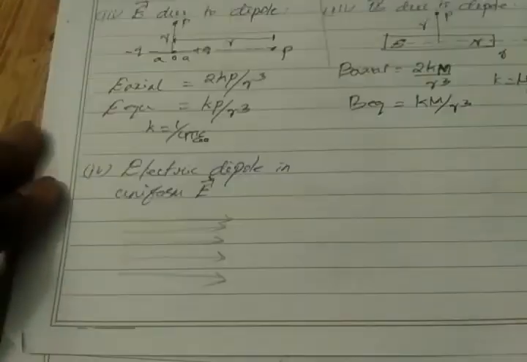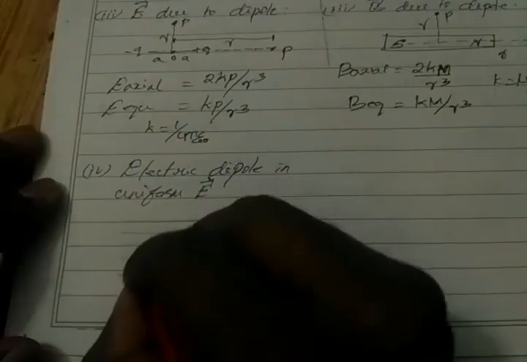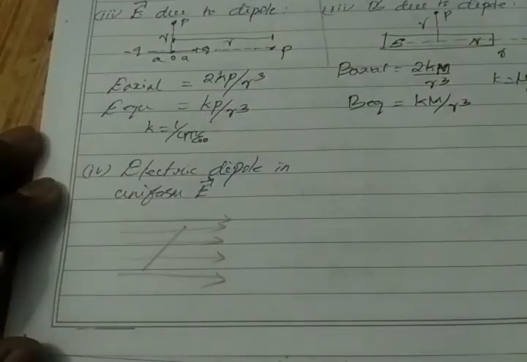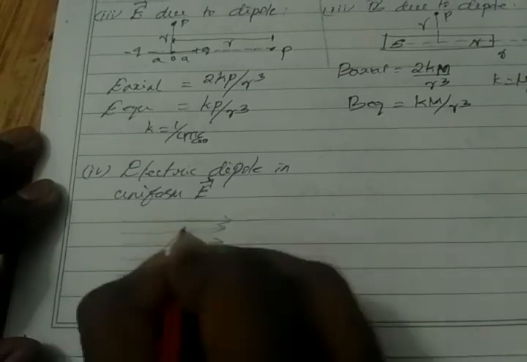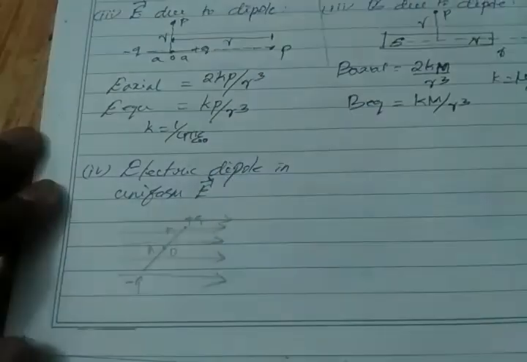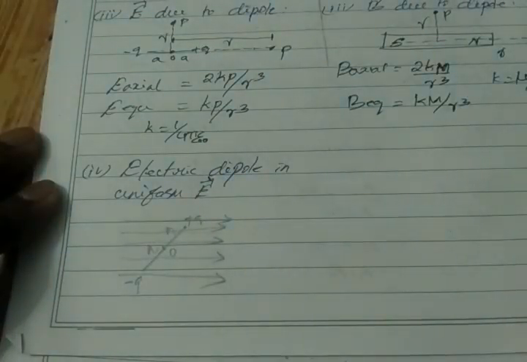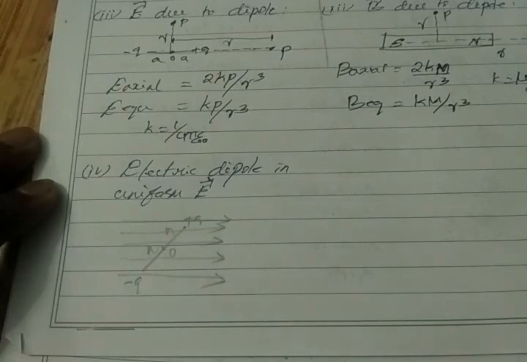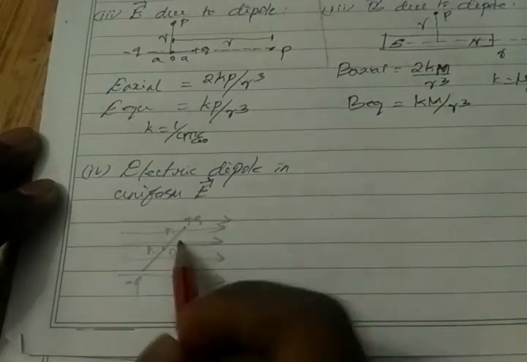In this uniform electric field, we have a dipole. Can you remember this diagram? Here we have a dipole of negative charge and positive charge, center point O, distance of 2a. So what is the value of torque which acts on the dipole?